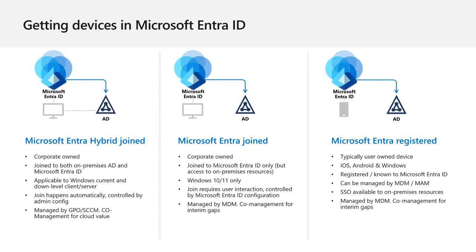Many organizations might have the misconception that, oh, I have on-premise legacy, I have to remain in a hybrid mode. Generally, that's not the case. There are cases where hybrid might be the requirement, but Entra ID native join is really where a lot of organizations have moved, keeping those devices essentially cloud-only devices, Entra ID joined, corporate-owned, and you're still able to access all your on-premise legacy applications through Entra joined devices.